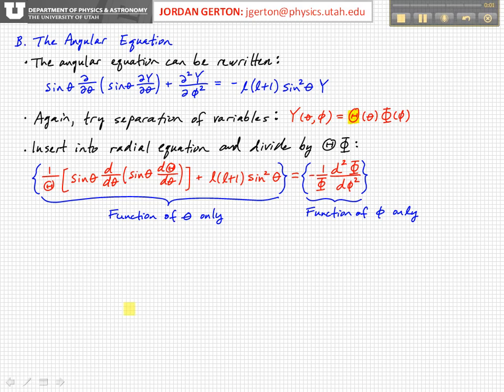Okay, so again, by doing the separation of variables, what we're trying to do is solve the problem of what the wave functions are. So in the end, what is the probability distribution for the electron, or for a particle that is in a central force potential, and in particular the probability distribution for an electron in the Coulomb potential, and so in an atom.